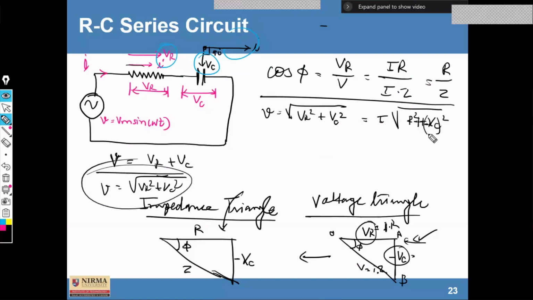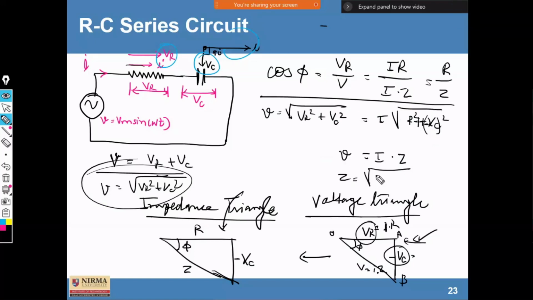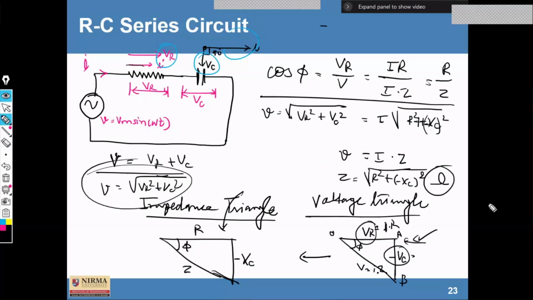And here you can find I into Z, where Z is equal to under root of R square plus, sorry, minus XC whole square. And the unit is ohm. Fine. So this is the impedance triangle.